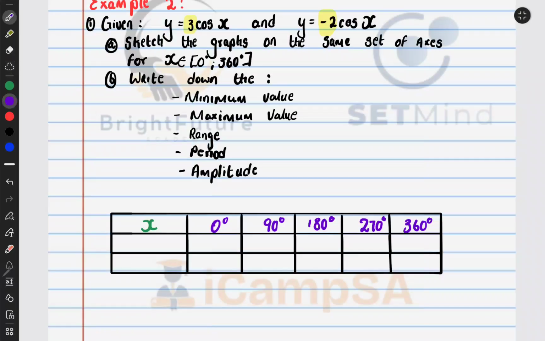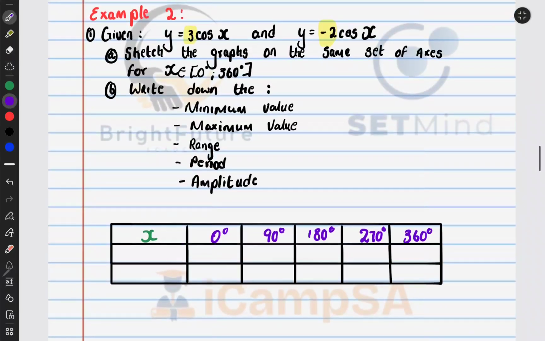This is our table. Okay, what are the functions we're looking at? y is equal to 3 cos x, and y is equal to minus 2 cos x. Okay, let's find the corresponding values.